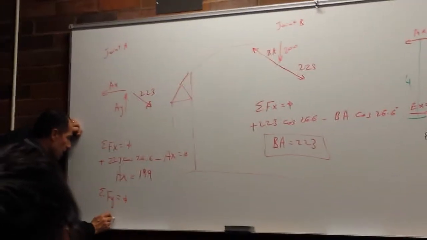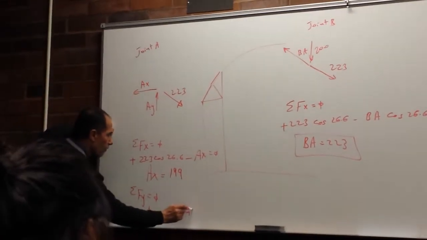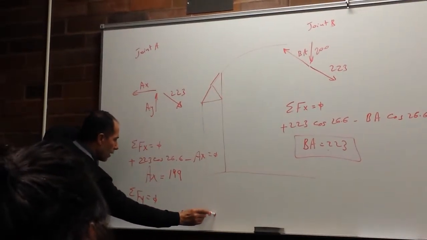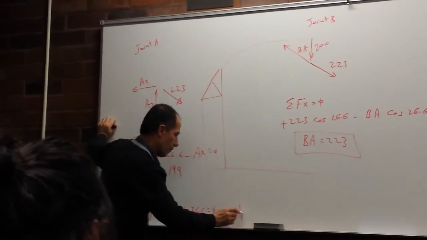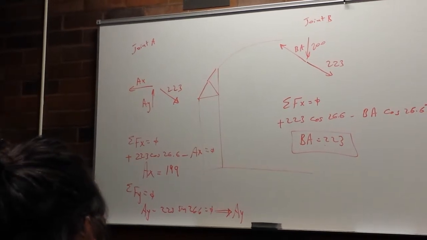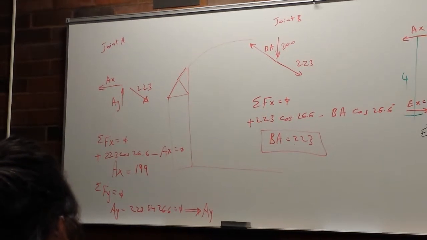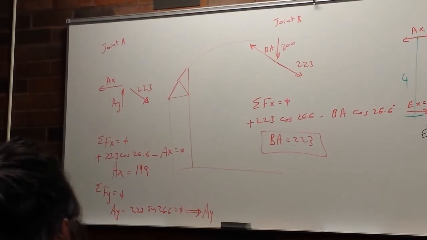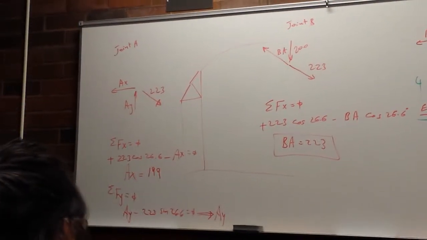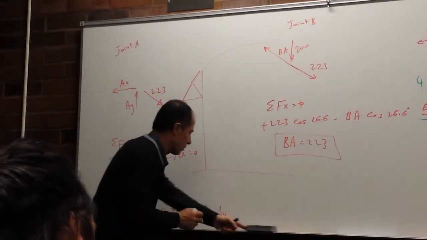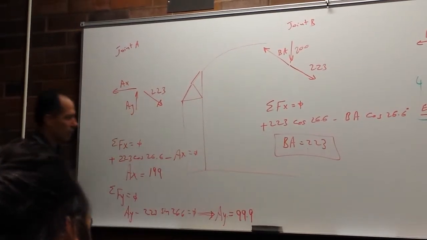I have AY positive, negative 223 sine of alpha equals 0. What is AY? 99.9. That's what I've got. 100.